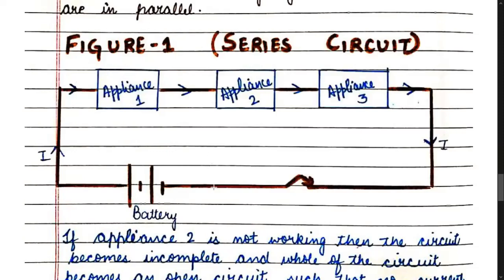So what does it mean? That in a series circuit, all the appliances are depending on each other. If one of the appliances is not working, then the other appliances will also not work properly, because the circuit will behave as an open circuit.